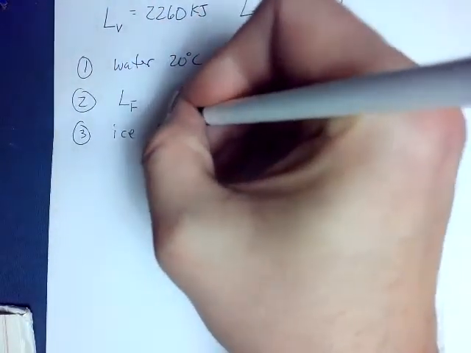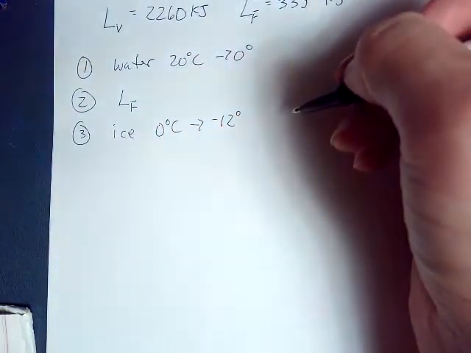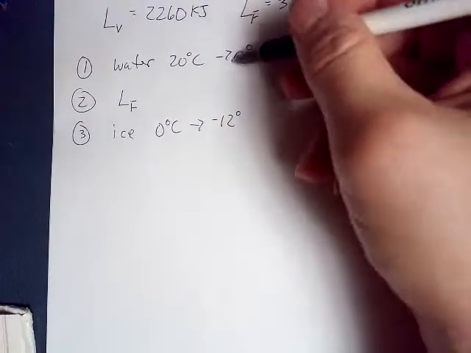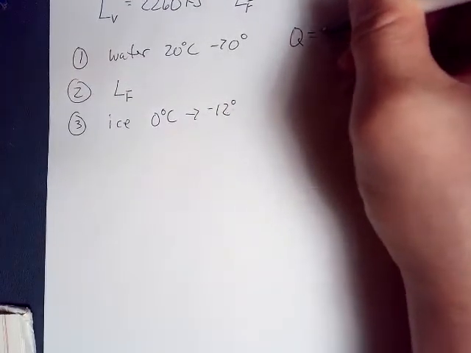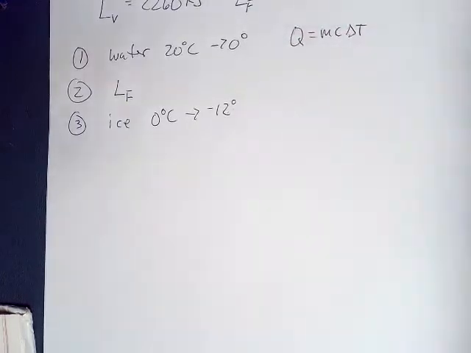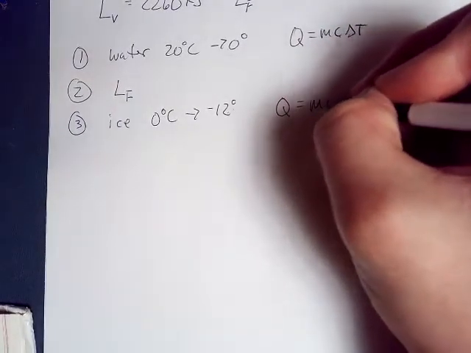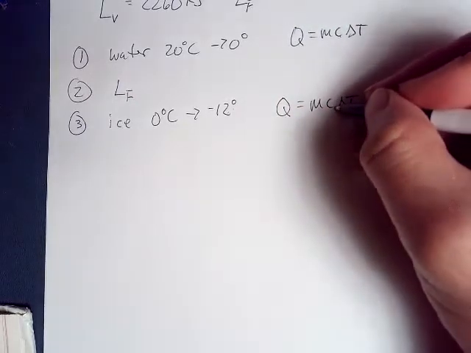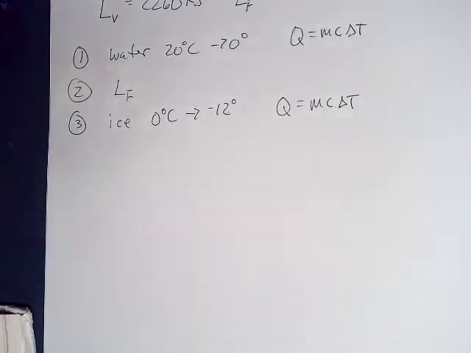And then for stage 3, we need the ice to go from 0 to negative 12. So these two stages are just what we did before. It's going to be Q equals MC delta T, with the C for water. And Q equals MC delta T, where you use the C for ice, which I think is 2100. Well, check the table for that.